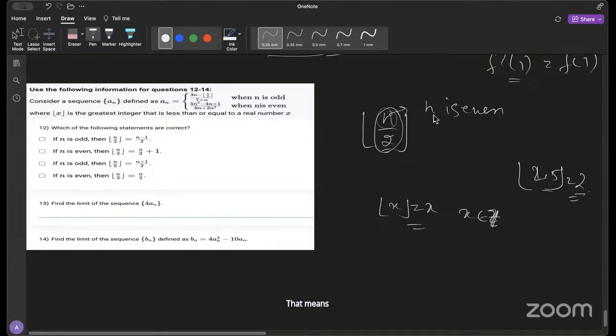That means if n is even, n by 2 is an integer, and the floor function of your integer is the integer itself. So if n is even, the floor of n by 2 should be n by 2 itself. So this option is correct, and this has to be incorrect then, obviously.